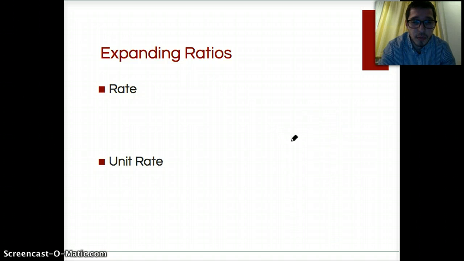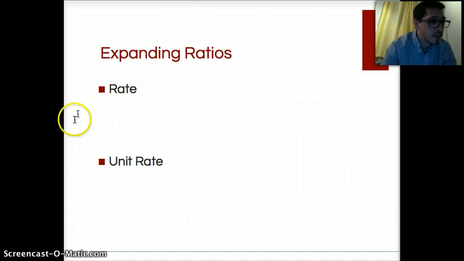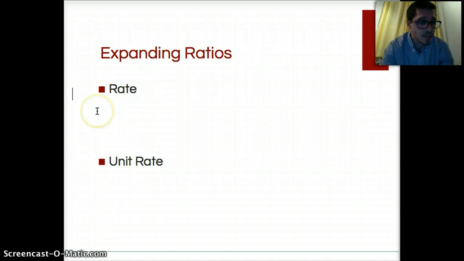So that was 6.1. Going into 6.2, we're expanding on ratios. We're going to talk about rate and unit rate. So when we're talking about rate, a rate is really a ratio where the quantities have different units.